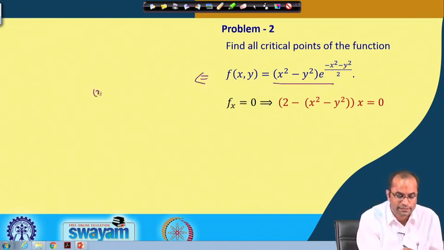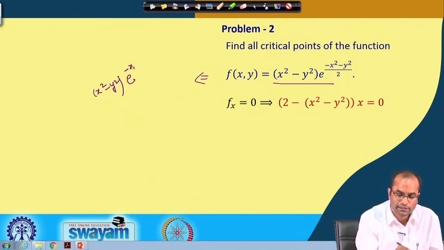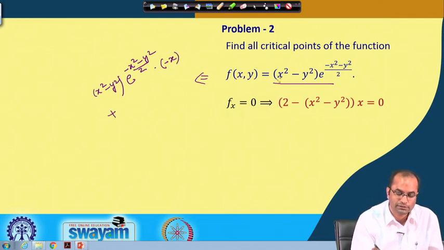So, we will get this x² − y², and the derivative of this term, again the same (x² − y²), and then there will be a term −2x divided by 2, minus x, plus the derivative of this with respect to x, and then we have the e^(−(x² + y²)/2) term.